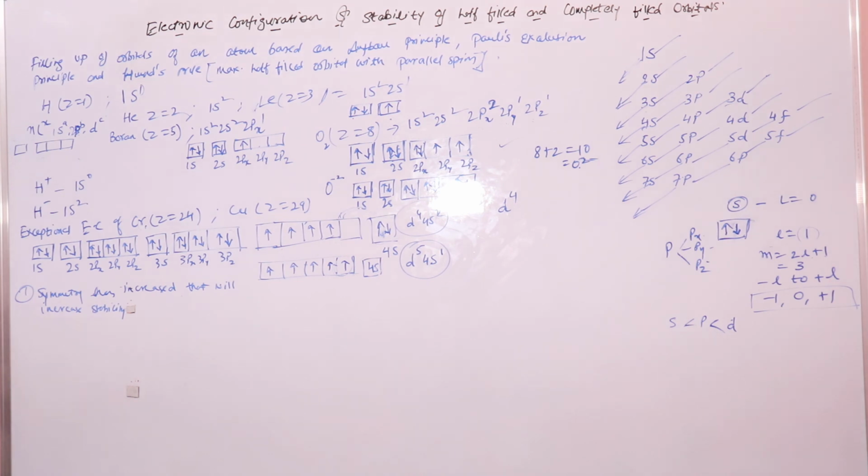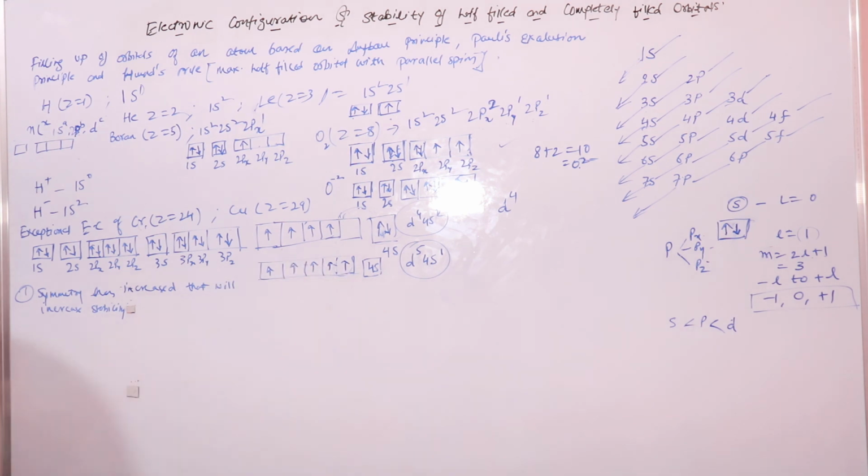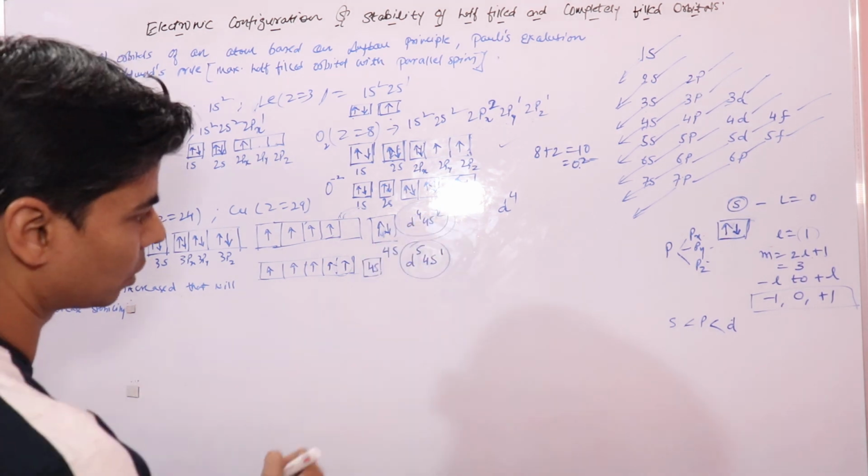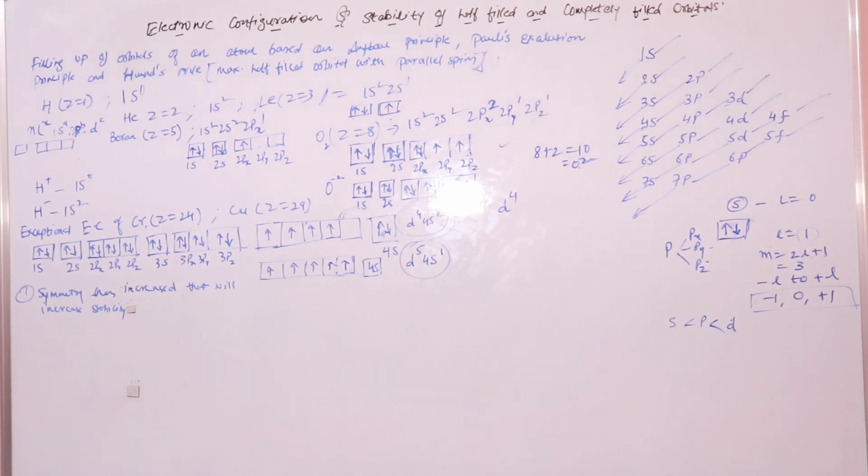When we shifted the electron, the distribution of electrons has become more symmetrical, and that will impart extra stability. Therefore, the electronic configuration of chromium as given above, meaning this one, 3d4 4s2, is wrong and this one is right. So symmetry will add to the stability.